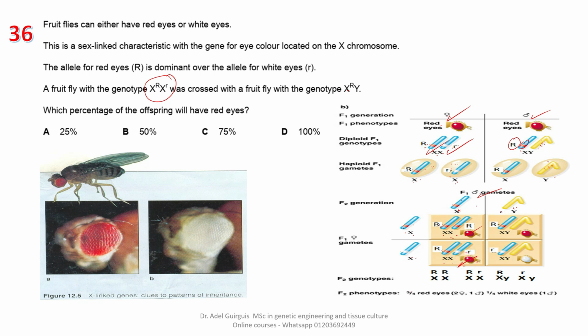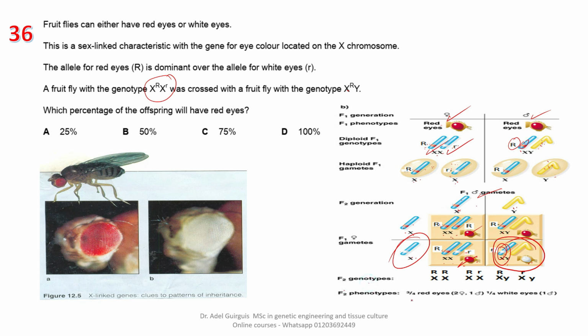What about the male? X^R Y, and X^r Y. This male carries the white-eyed allele from his mother. That's why this allele for white coloring of the eye comes from where? From his mother, from this one. Okay, so what's the percentage now?